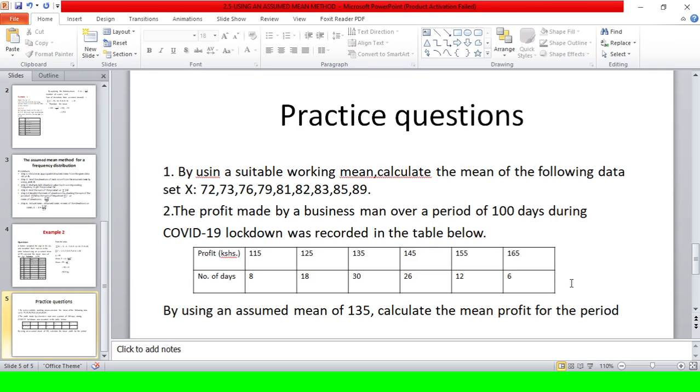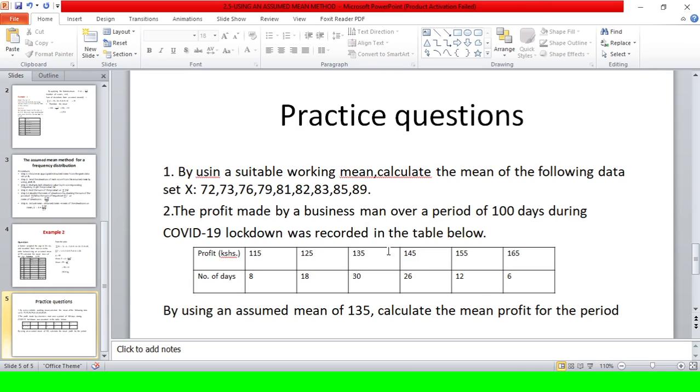Question 1: by using a suitable working mean, calculate the mean of the following data set. X having the values 72, 73, 76, 79, 81, 82, 83, 85, 89. So this is a simple data set. You calculate by using the appropriate formula above.